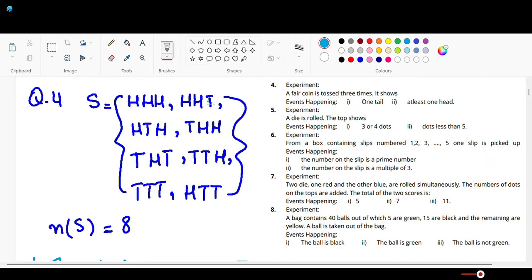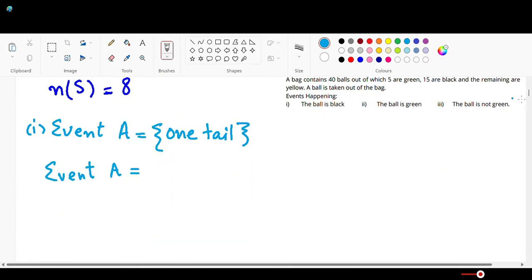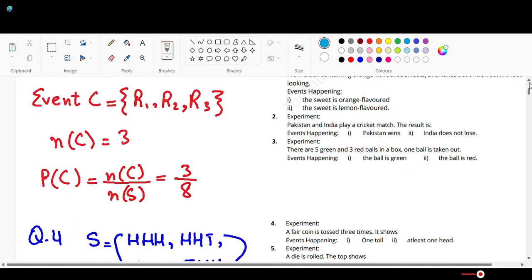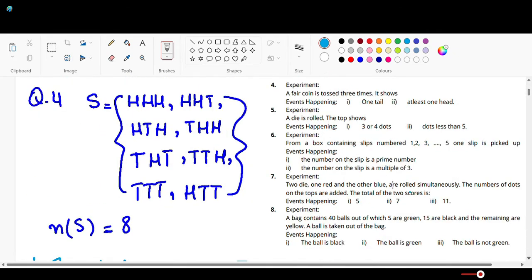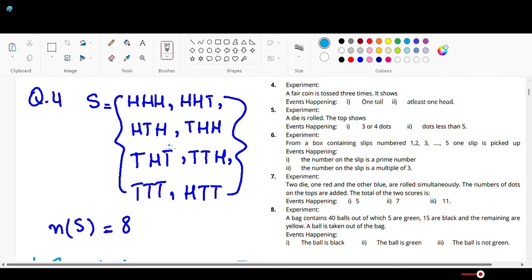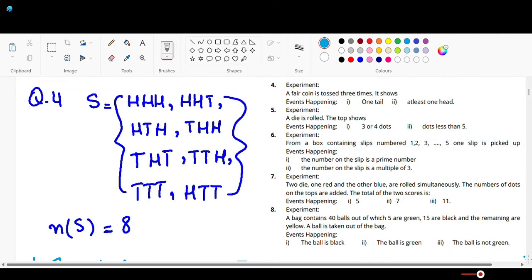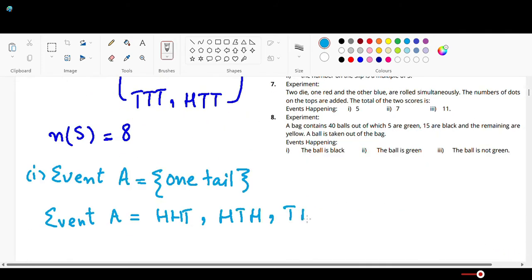We have 1, 2, and 3. So we have 3 options where there is 1 tail, and that's it. Actually, wait a minute, we need to write them down. So we have HHT, HTH, and THH, right?